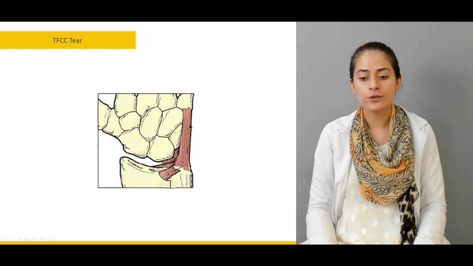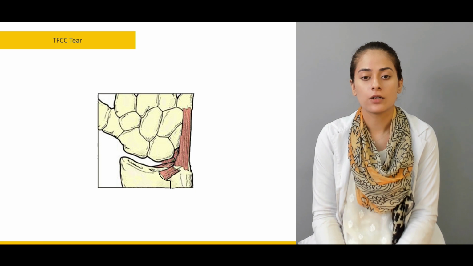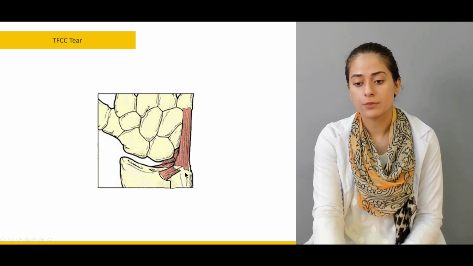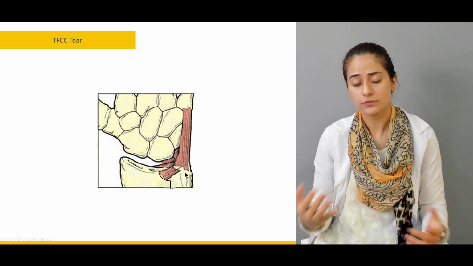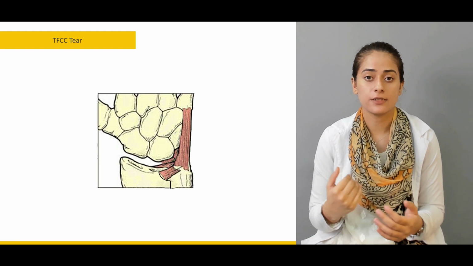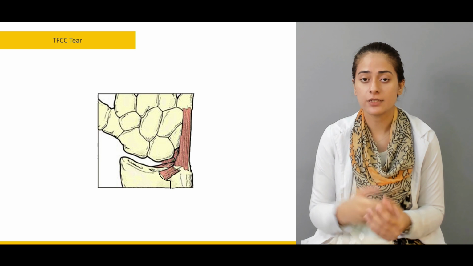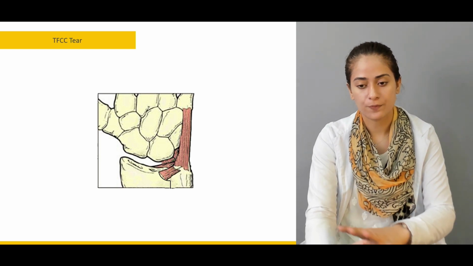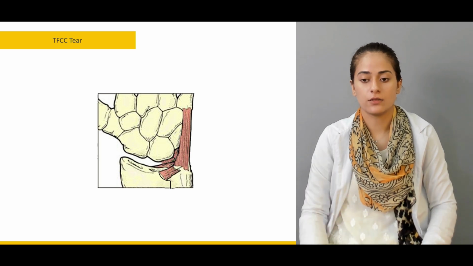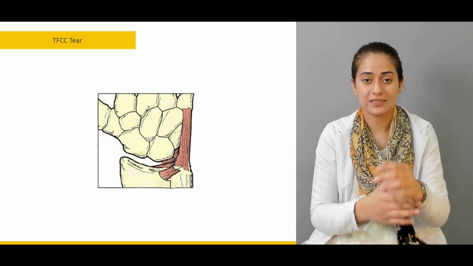So now the 4 ligaments that make the TFCC or the TFC complex are, like we talked about before, the ulnar collateral ligament, the radio-ulnar ligament, the ulno-triquetral ligament, and the ulno-lunate ligament. So if any of these are damaged, then the resultant injury will be that there will be instability of the joint.